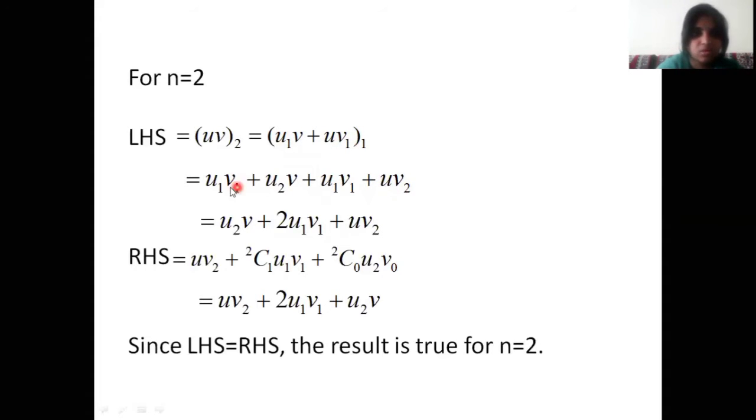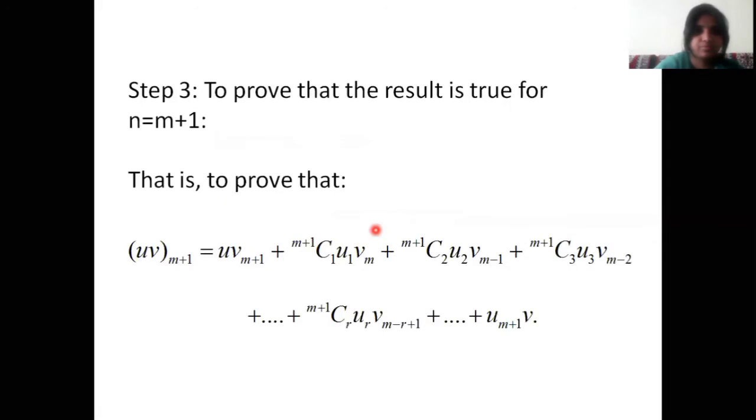So there are two terms of u1 v1. So I have written 2 u1 v1, and the remaining terms as they are. u2 v plus 2 u1 v1 plus u v2 is the LHS part. Let's move on to RHS.